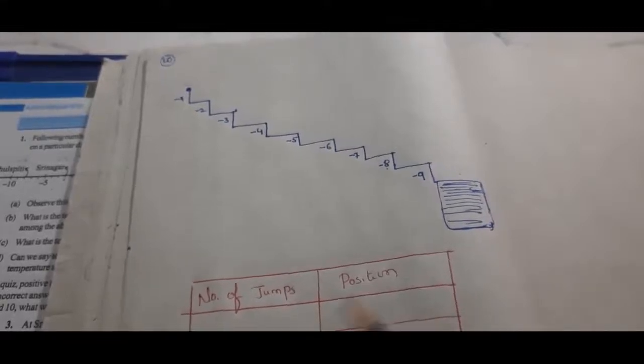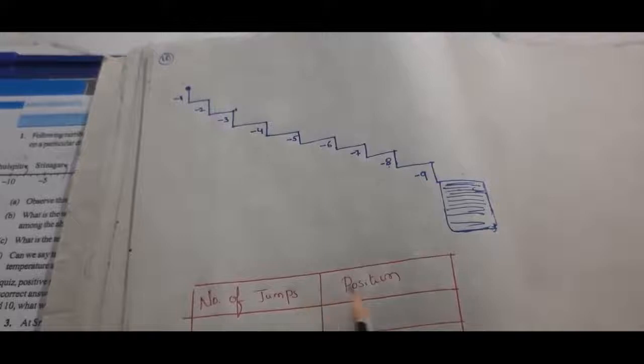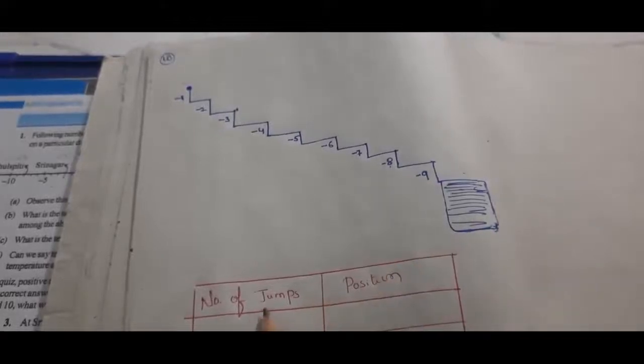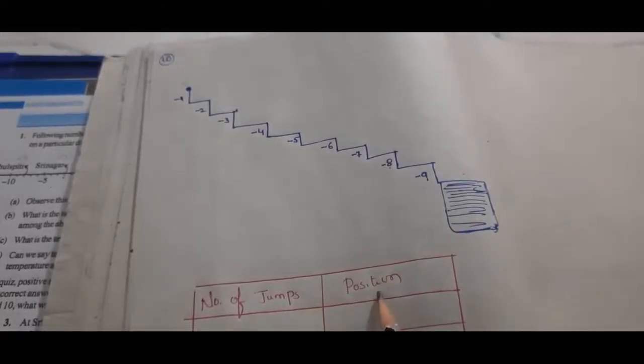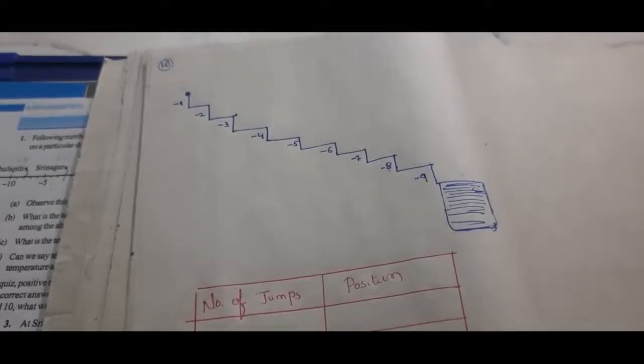Students, according to the question, I formed a table here: number of jumps and position. With what number of jumps does the position of the water level get reached?